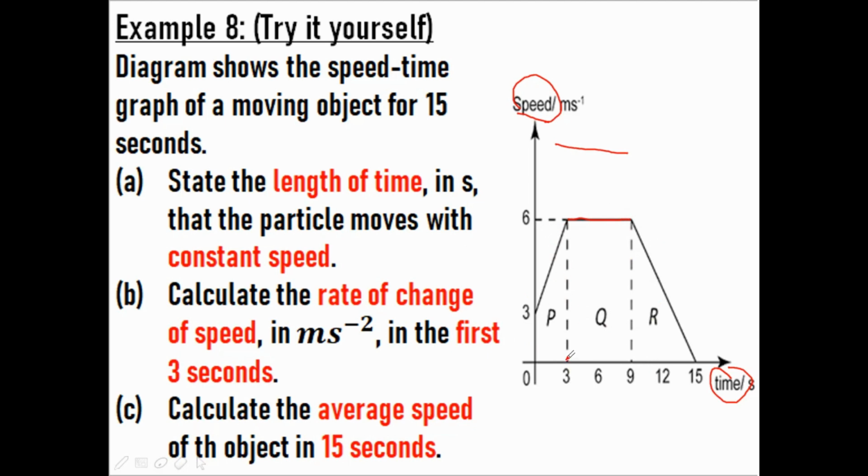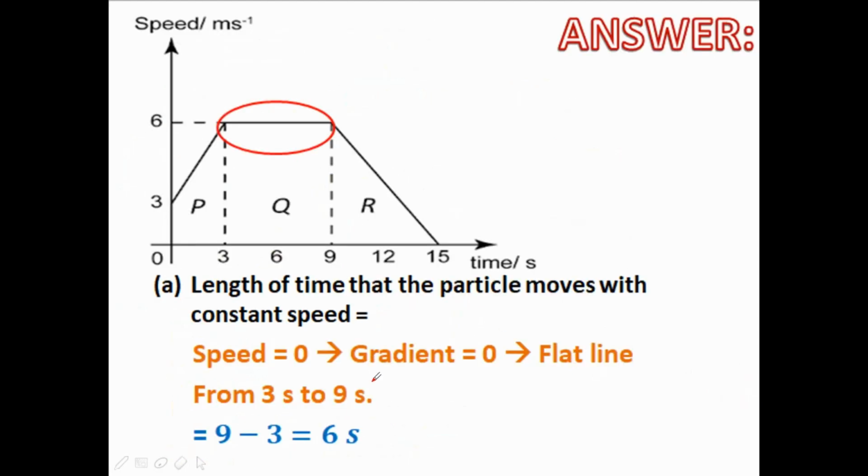From the 3rd second to the 9th second, this object is moving with constant speed. Therefore, the answer for A, the length of time, is 9 minus 3, 6 seconds.